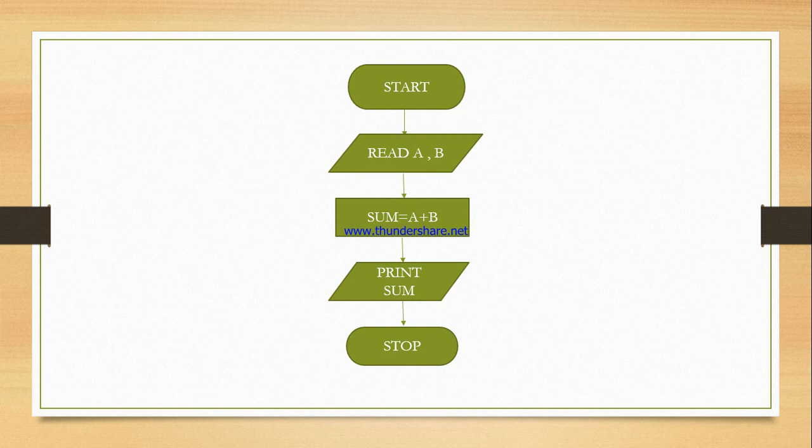First you will start, then you will take both the inputs, read A and B. After that you will do the addition, sum equal to A plus B, and then you will show the result, print sum, and then finally you will stop.